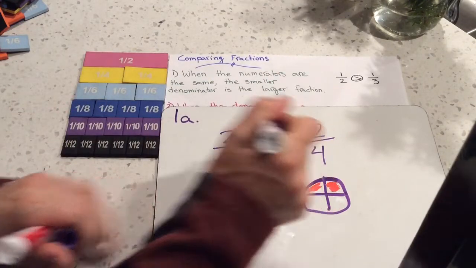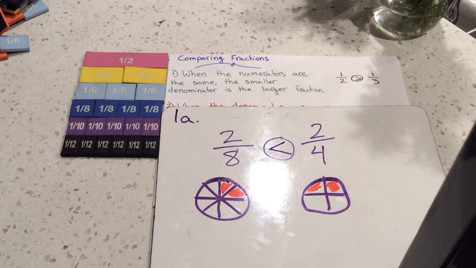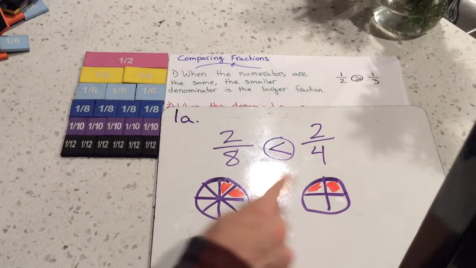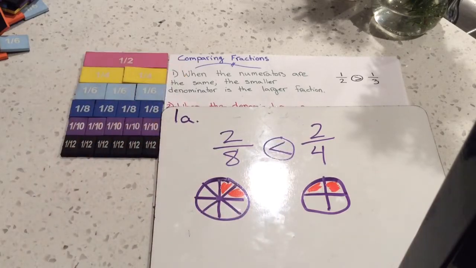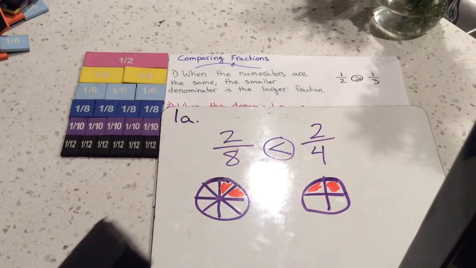So here's how we can apply rule number 1 to the very first question on practice page 1 for today's work. So 2/4 is greater than 2/8. I can use a picture to support that, or I can use my fraction rules.